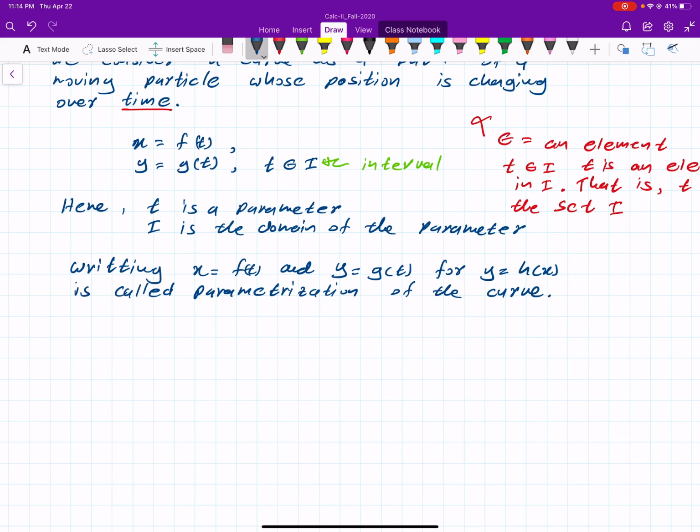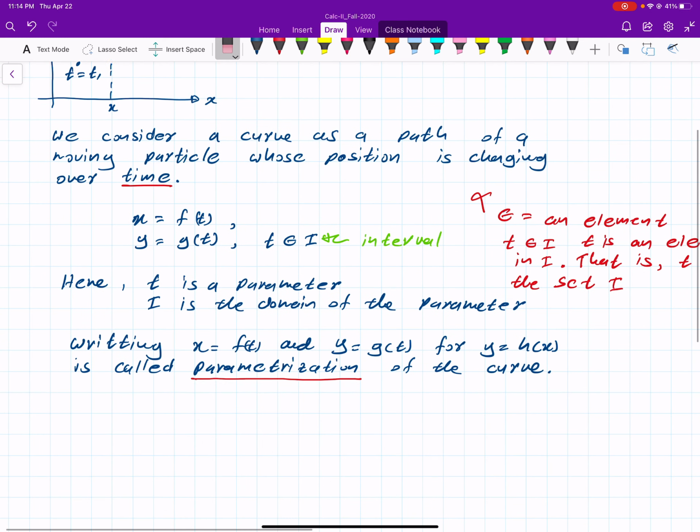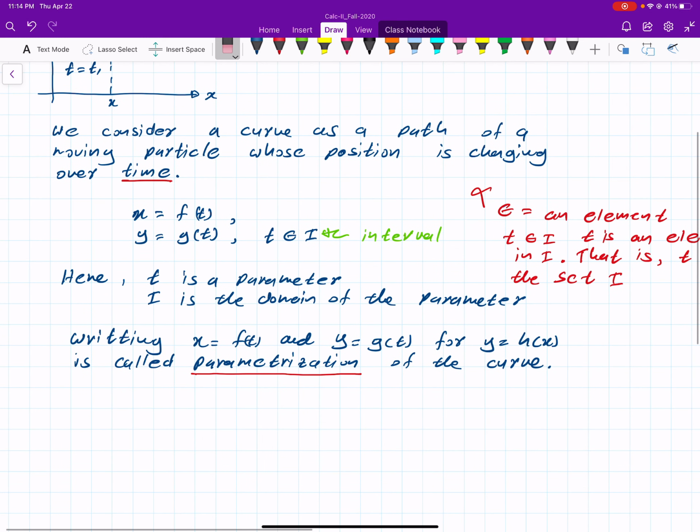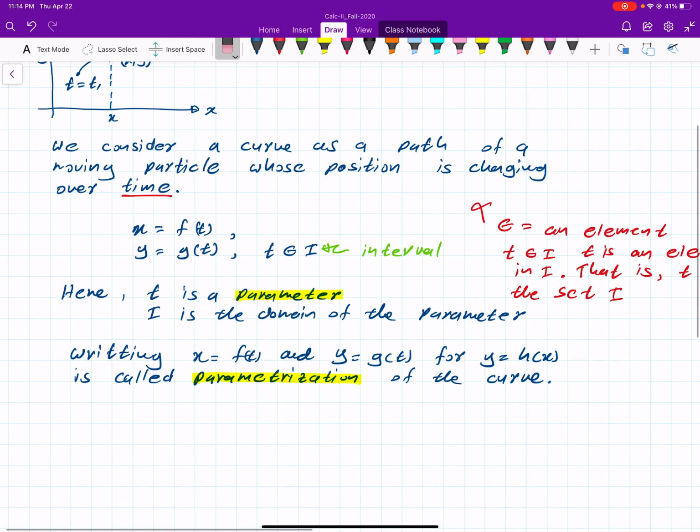Okay, so you know the parameterization now. Parameterization means you have to introduce a parameter like t. Here t is the parameter. Okay, so you have to introduce a parameter here. Here the time is the parameter.